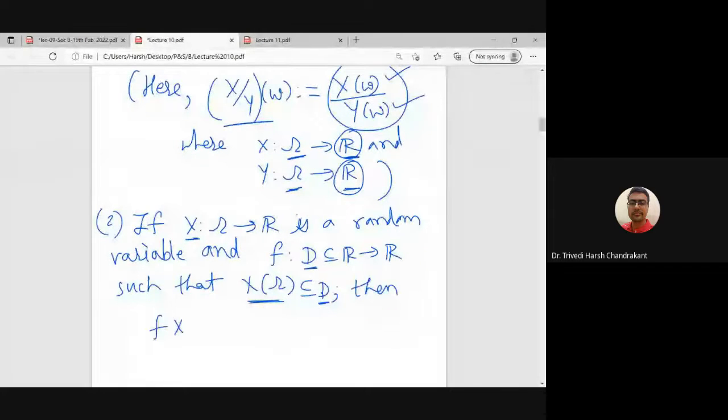So f composition x is also a random variable. A better way to write it is like this: f composition x.